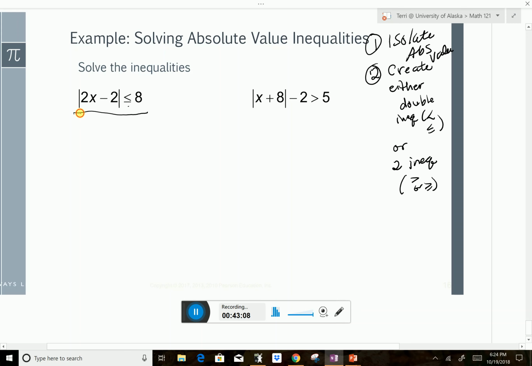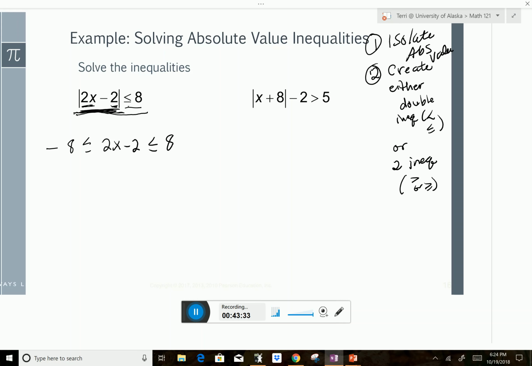Since this one's already isolated, we can make this now into a double inequality. So we know that means the distance between 2x and 2 has to be between negative 8 and 8. We don't care which way it goes, we just know that the distance has to be between them.